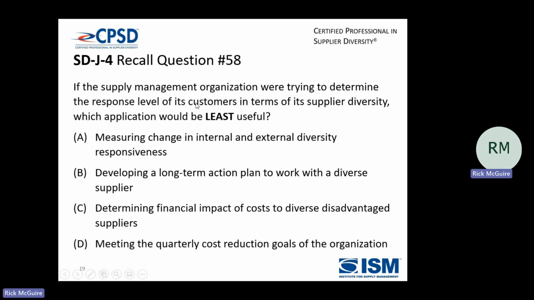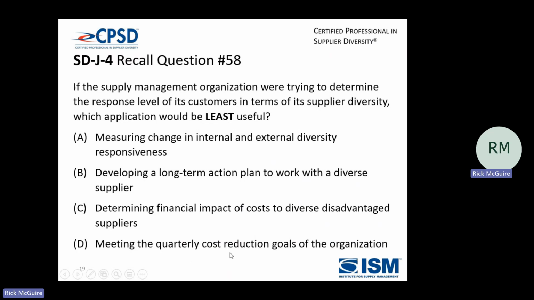Could be. We're looking at customers, though. Developing a long-term action plan to work with a diverse supplier, maybe. Determining financial impact of costs to diverse, disadvantaged suppliers. That would probably be in there. And meeting the quarterly cost reduction goals of the organization.